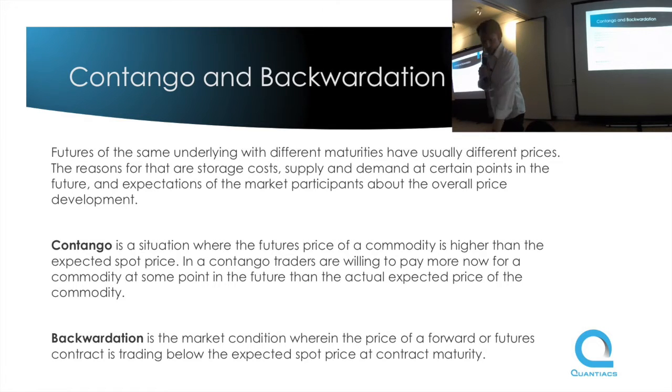And the opposite, backwardation, is when the price of a future at a later maturity is actually lower than it is right now. This can also happen, for example, due to a shortage on the spot market. So let's assume I'm again a farmer, I produce corn, and Dirk, I don't know, runs a factory that makes breakfast cereals.